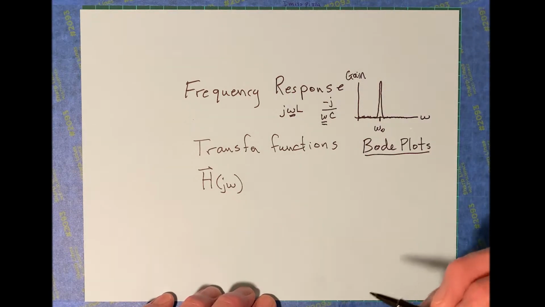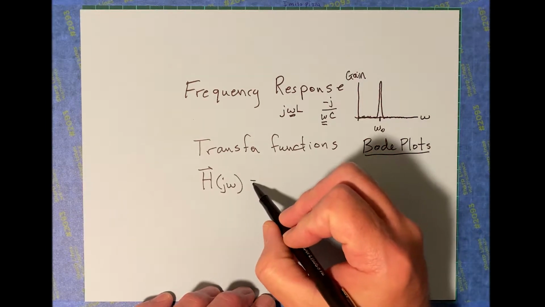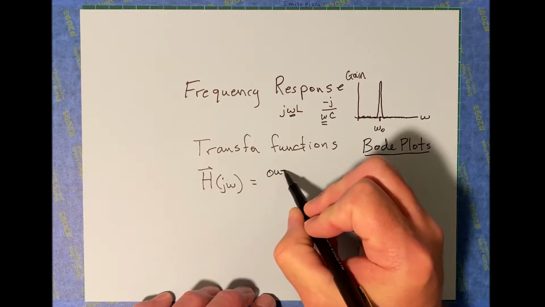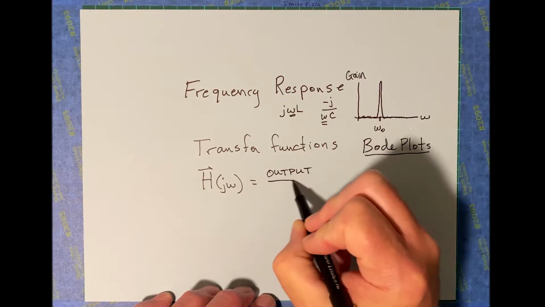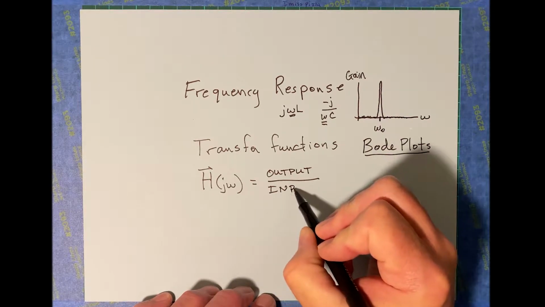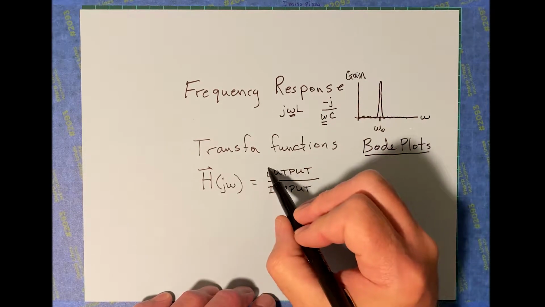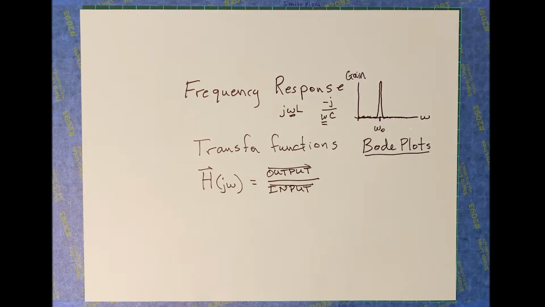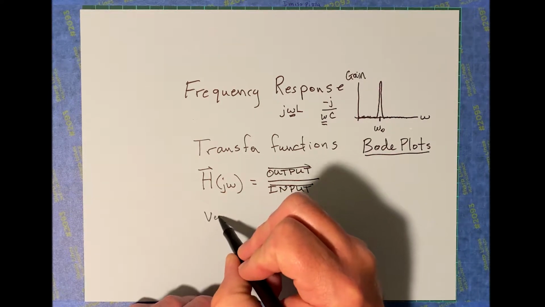Now, the definition of a transfer function is this: it is some output relative to some input. And usually this output and that input are both going to be phasors themselves. So something like voltage gain.